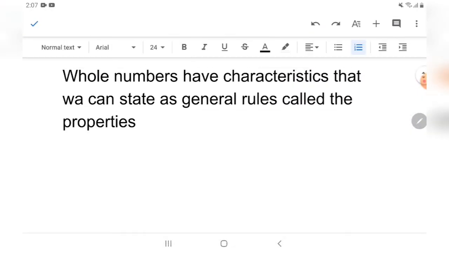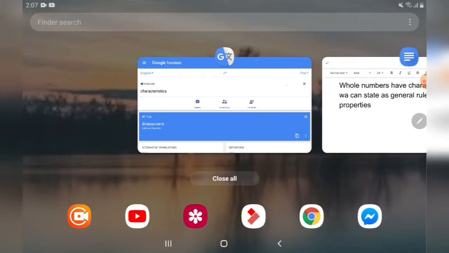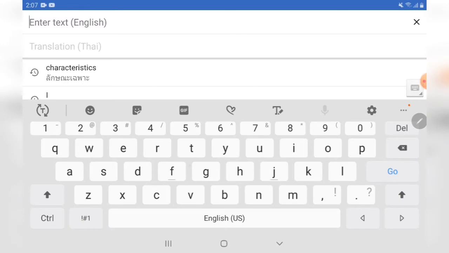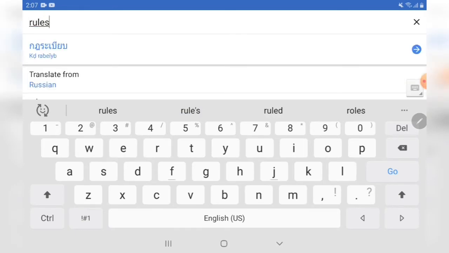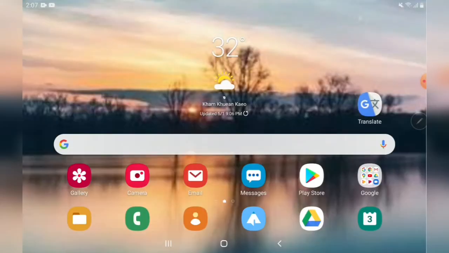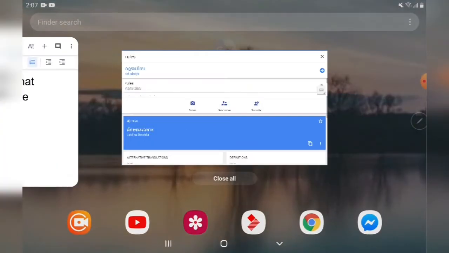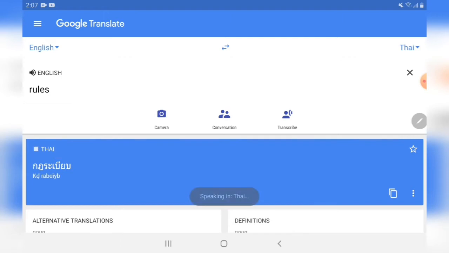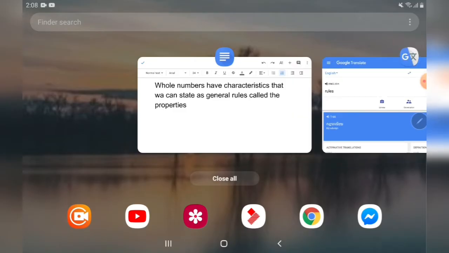Characteristic that we can state as general rules. So what is rules again? General rules. What is rules again? Rules. กฎระเบียบ. Okay, so that's it.